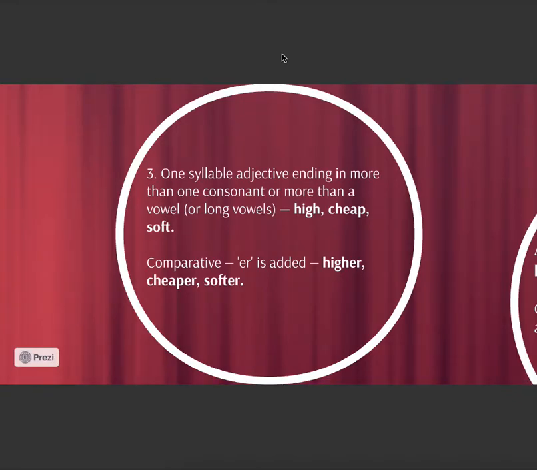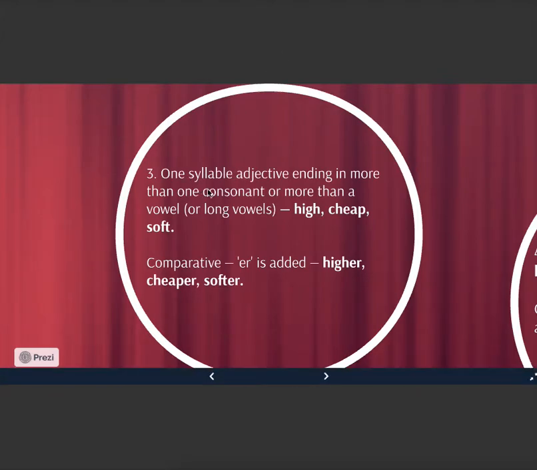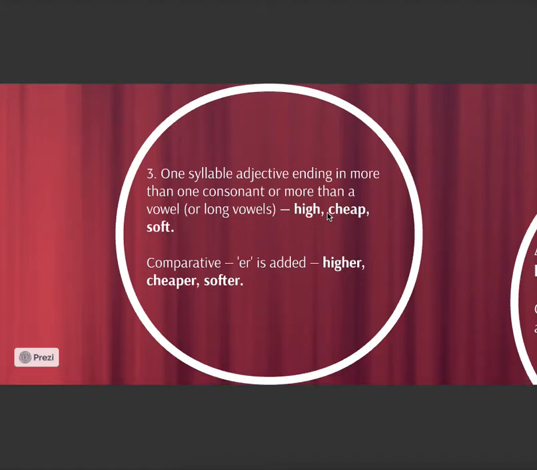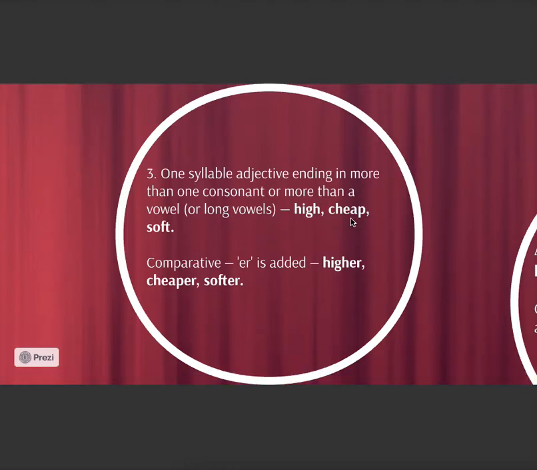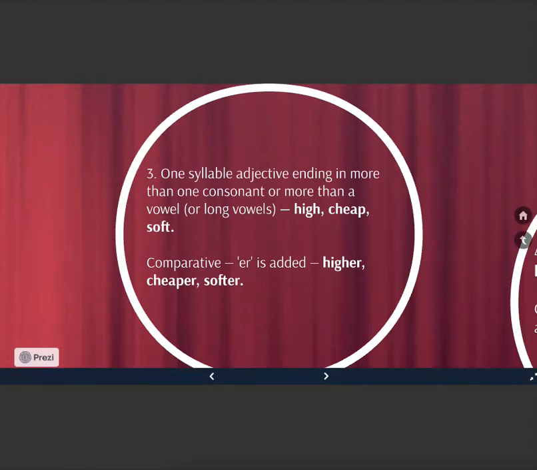When you have adjectives with one syllable, ending in more than one consonant, like algo que no te termine en consonante, vocal, consonante. ¿Sí? Si tienes simplemente un adjetivo de una sola sílaba, pero que no te termina ni en e, ni en consonante, vocal, consonante, ¿qué haces? Pues agregas er. Because that's the rule. So look at this. High, cheap, and soft. If you take a look at these, guys, for example, cheap, you have just one syllable because you have just one sound. Give me a second.